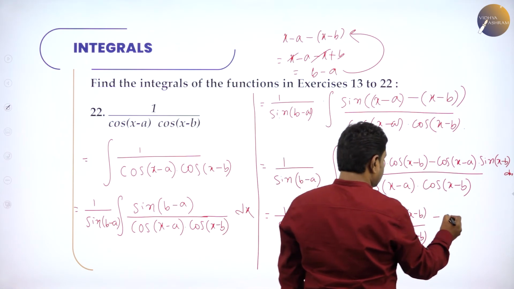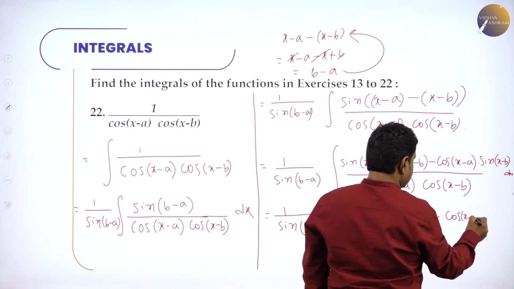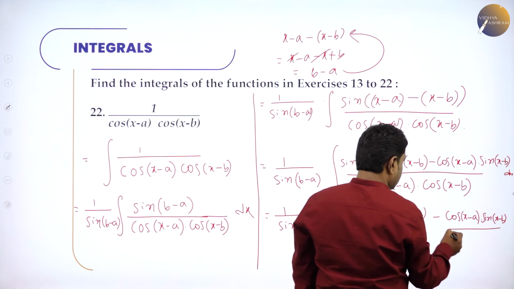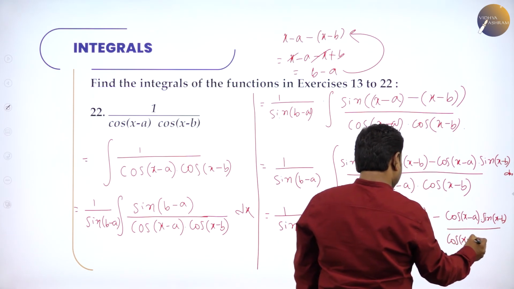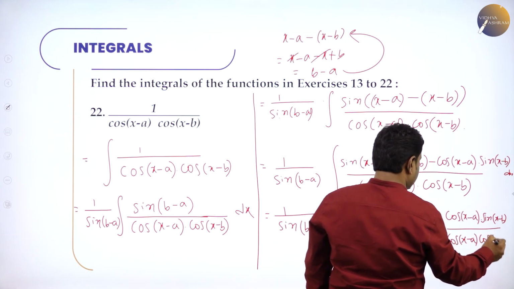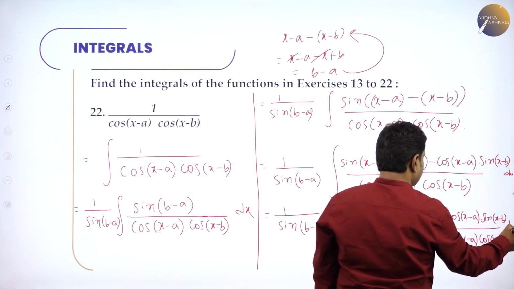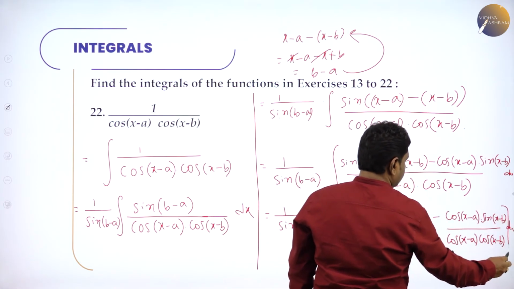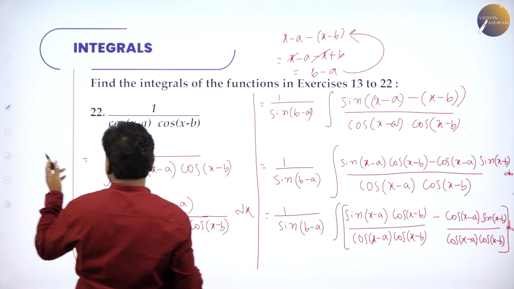In between I have minus cos of x minus a into sine of x minus b divided by cos of x minus a into cos of x minus b dx. Now integrate this with respect to dx. Now cancel the terms.